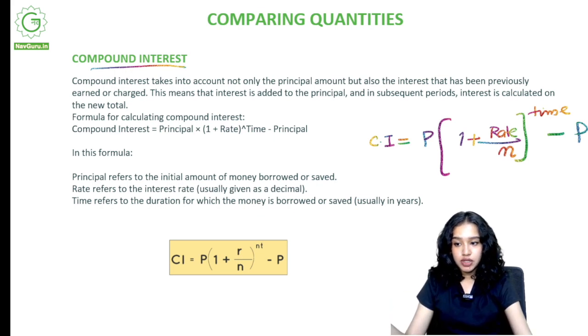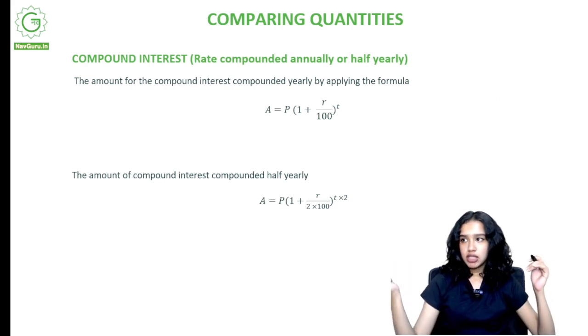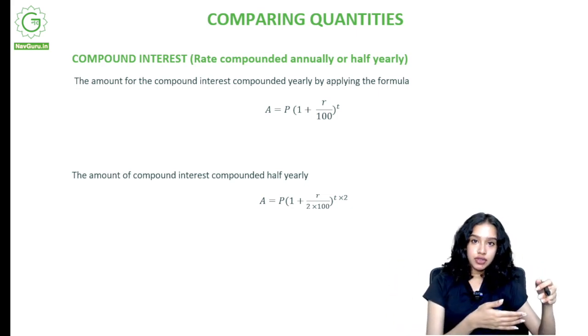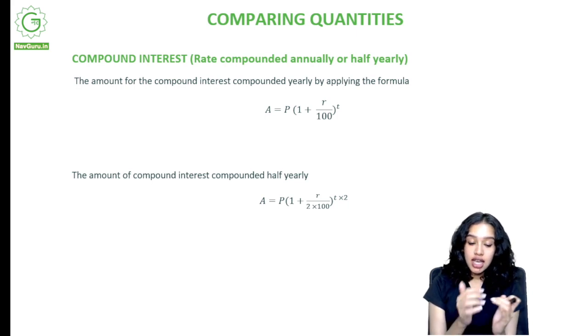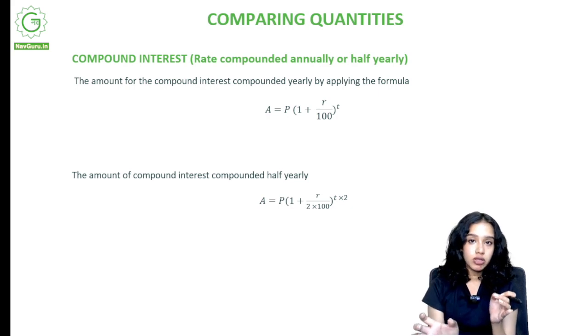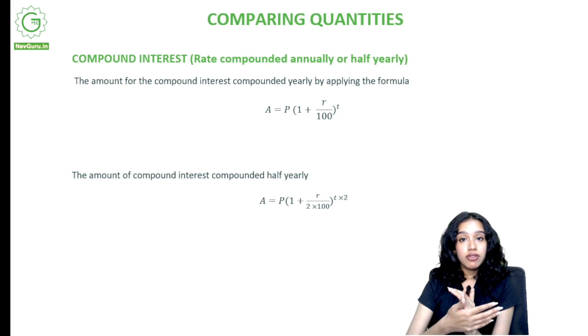Okay, so let's move on. We can calculate compound interest at any interval. Let's say we are compounding the money annually. That is, after 1 year, we take the whole interest and add it to the principal amount, and then it becomes the principal amount. Or we could do it biannually, that is half yearly.